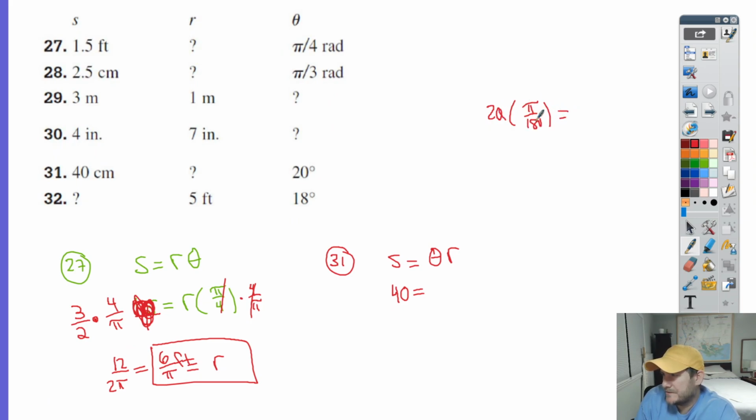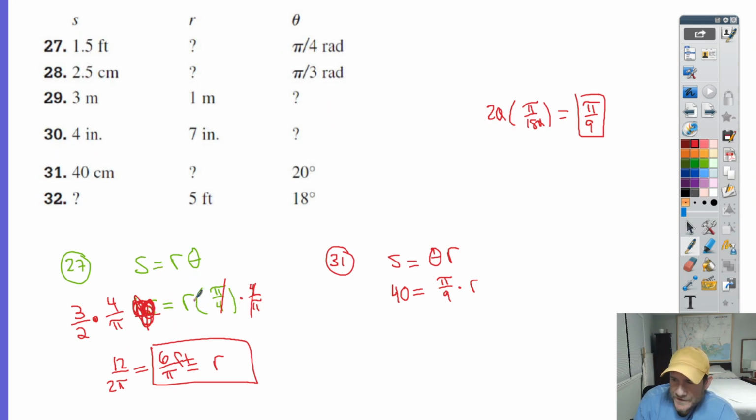What's that going to be? 2 pi over 18, which is what? Pi over 9. Easy peasy, hopefully. So you go pi over 9. That's times the radius. Well, yeah.